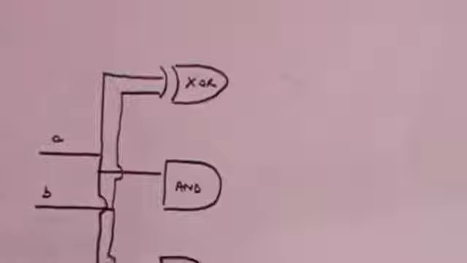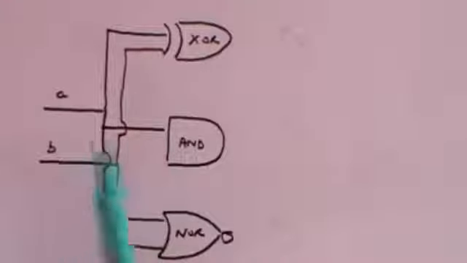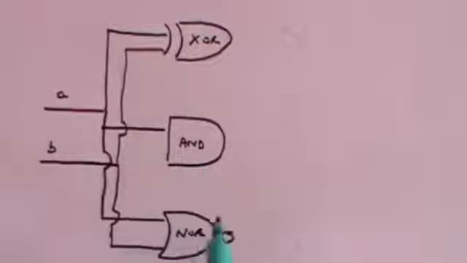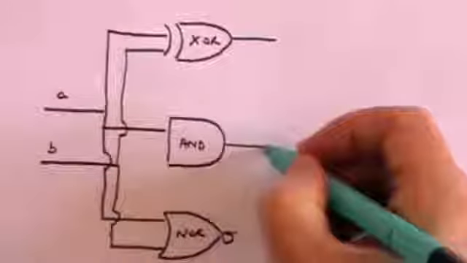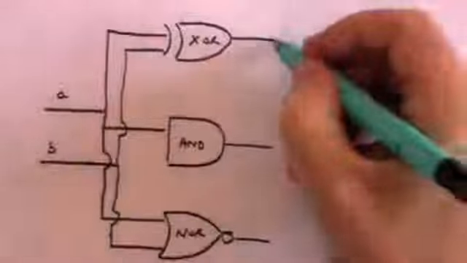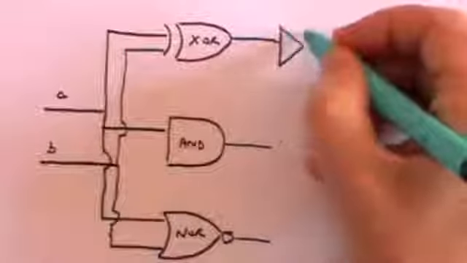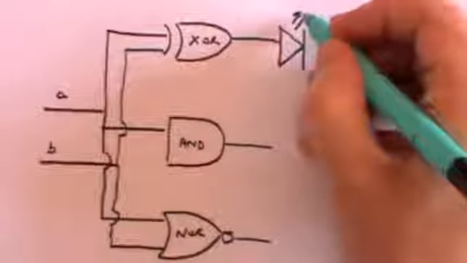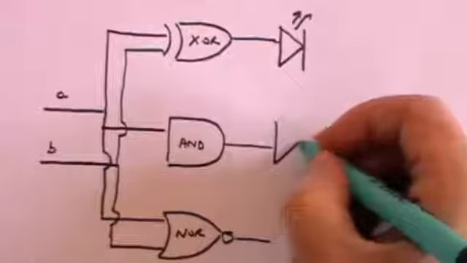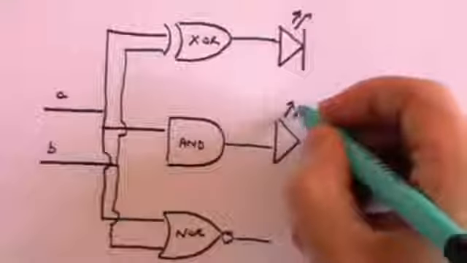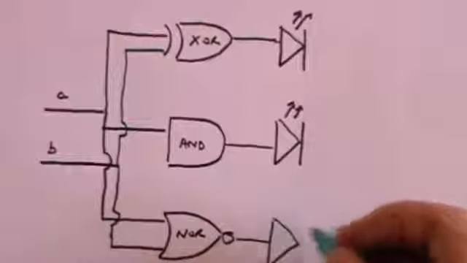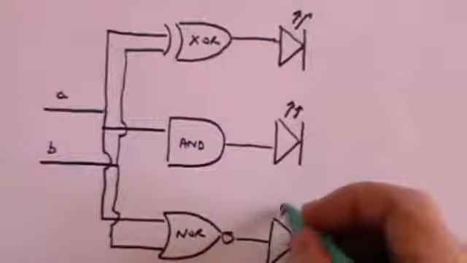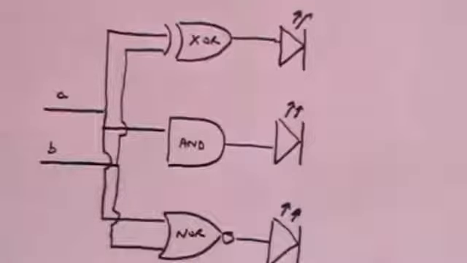So now we've got A and B feeding through to each of our 3 logic gates. They are all going to have outputs, and what I'm going to do is send those outputs to a light emitting diode. These are diodes which will glow red, or any colour actually, but red is a common one, if there is a voltage coming down the line, but they won't glow if there isn't.